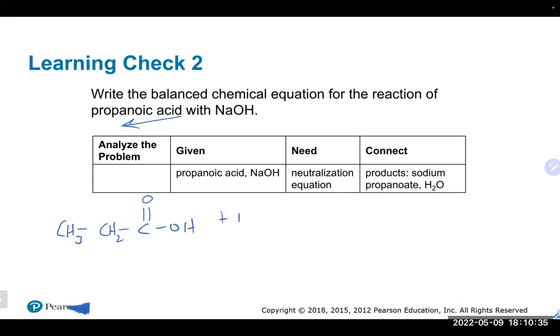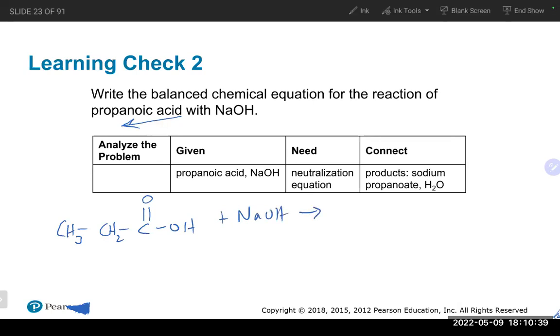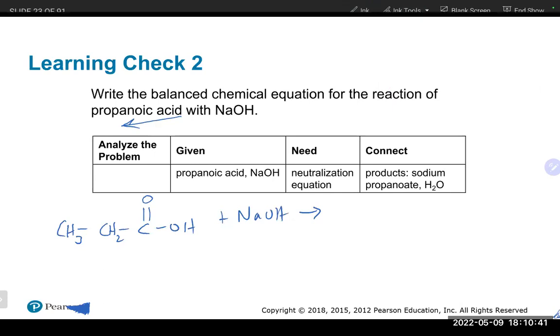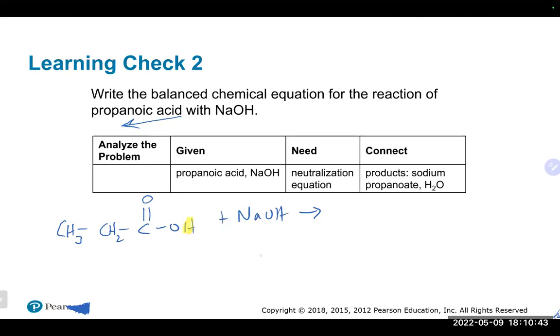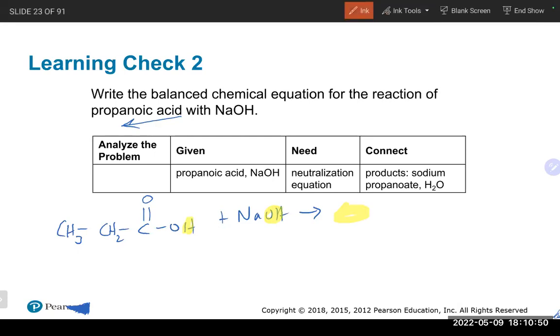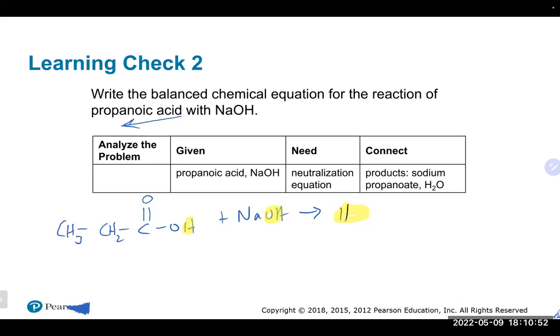We're going to react it with sodium hydroxide. So again, really an acid-base reaction happening here. Once again, we're just going to take our hydrogen from our acid, our OH there from our base, and that is going to make our water. And basically, we're just going to put together what's left at this point.